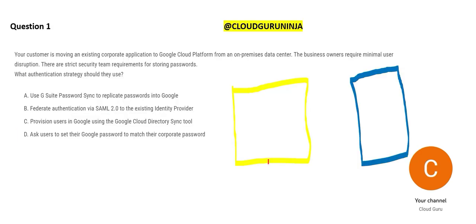So, this yellow box is the on premises data center, and this blue box is Google Cloud Platform. You want to move from here to here, and there is a requirement to store passwords, and we are asked to provide an authentication strategy.